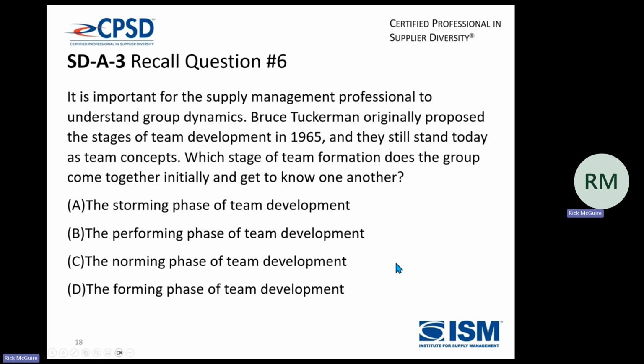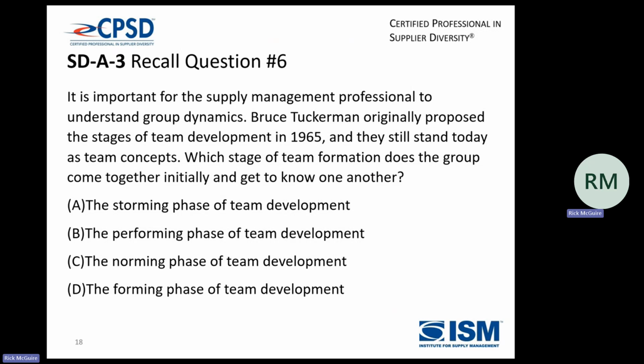All right, it's important for the supply management professional to understand group dynamics. Bruce Tuckman originally proposed the stages of team development in 1965. They still stand today as team concepts. Which stage of team formation does the group come together initially and get to know one another? Storming phase? No, that one's the one where there's fighting.